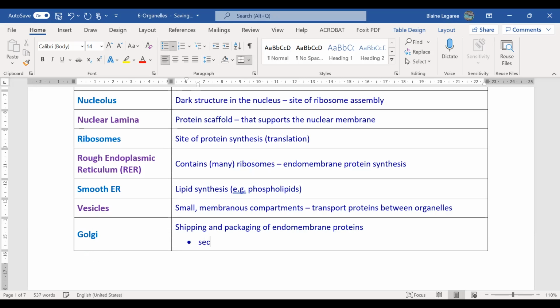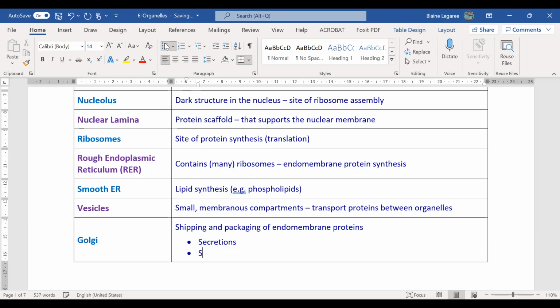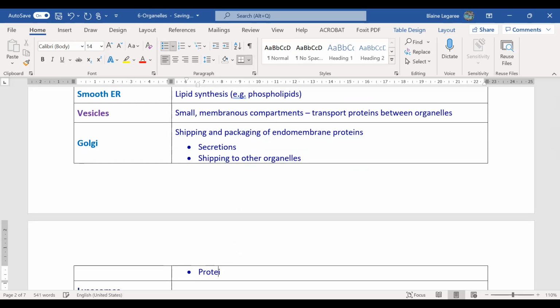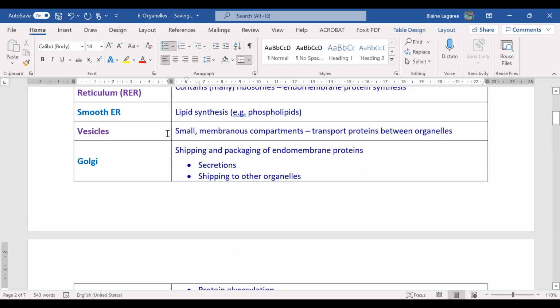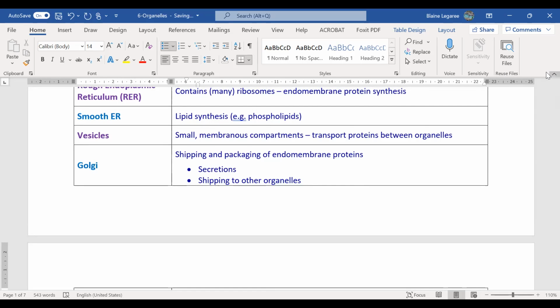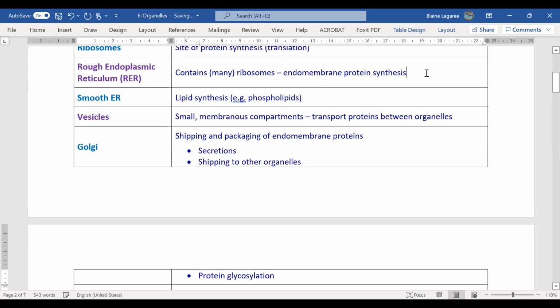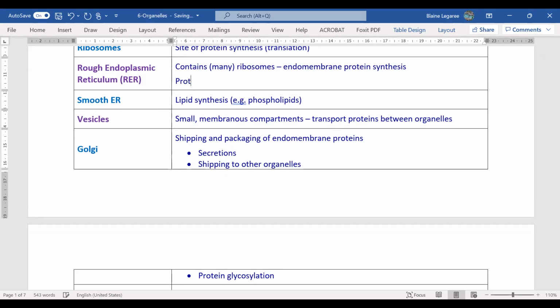We talked about secretion, shipping to other organelles, and protein glycosylation. By the way, I guess we forgot to add that for our rough ER, so maybe I will put that up there. Protein glycosylation. There we go.